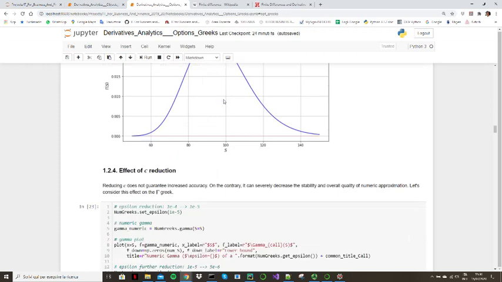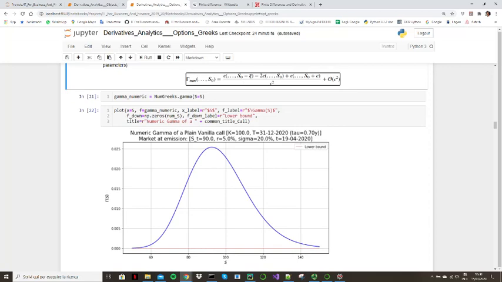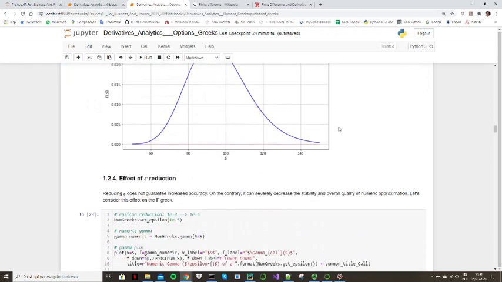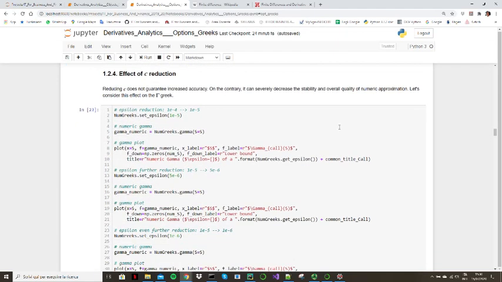So you might wonder what the role of the epsilon is. The epsilon is the distance between the consecutive points that we consider to take differences. You might be wondering whether, if we decrease the epsilon, we get more precise numeric derivatives.